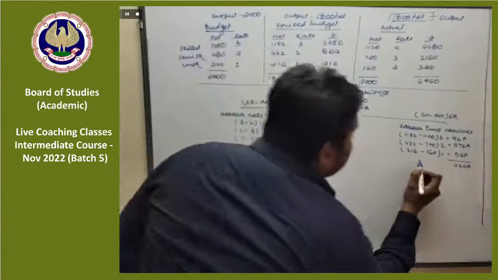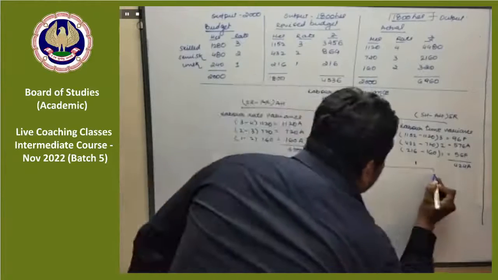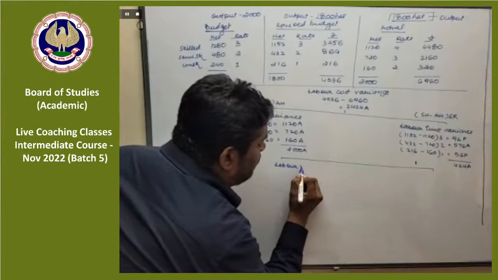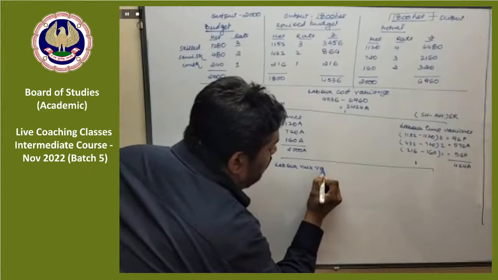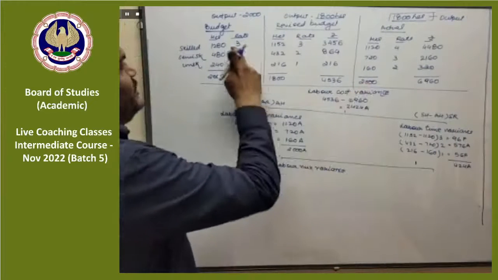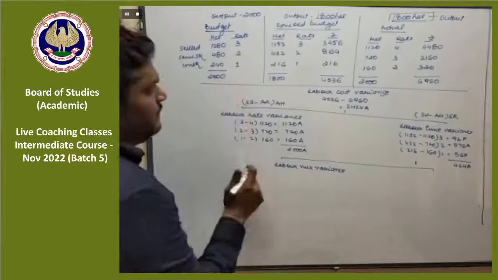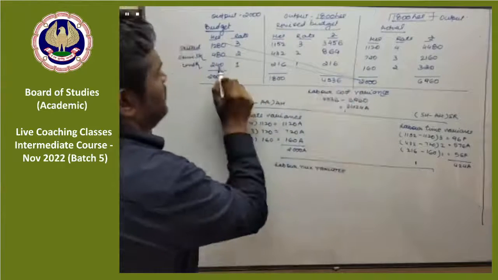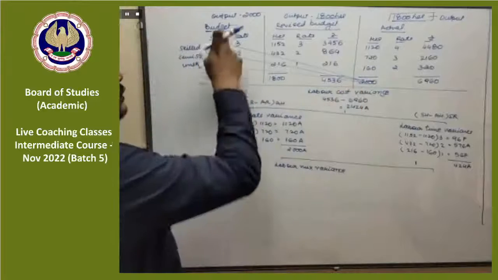Now again, labor mix variance, this 2000 should be in the ratio of this. So again, the total is 2000.